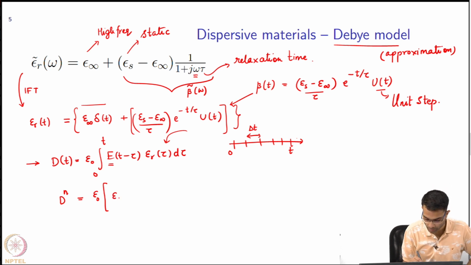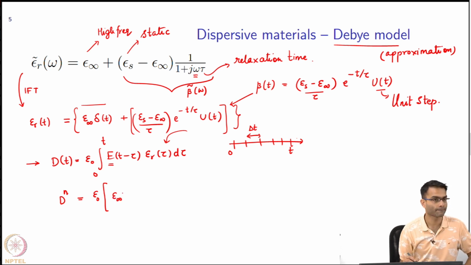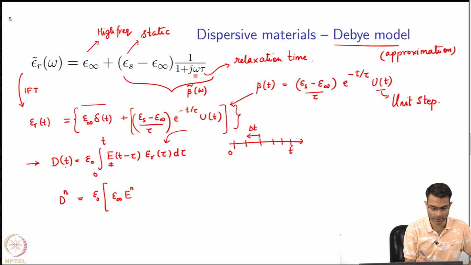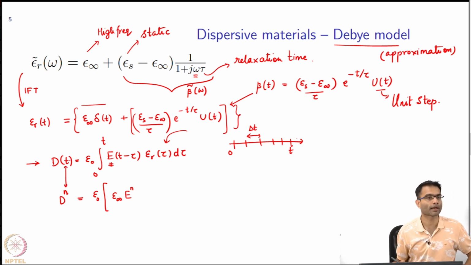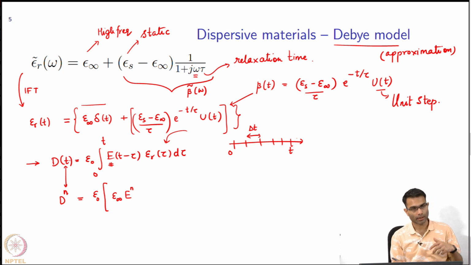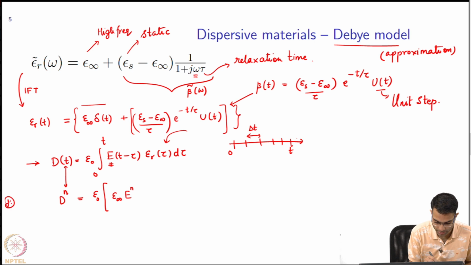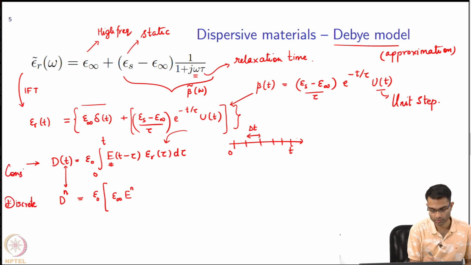Epsilon infinity multiplied by the electric field, at what time instant? t, which is n, right. So this t is the same as n. On top I have the continuous time version, and at the bottom is the discrete version.